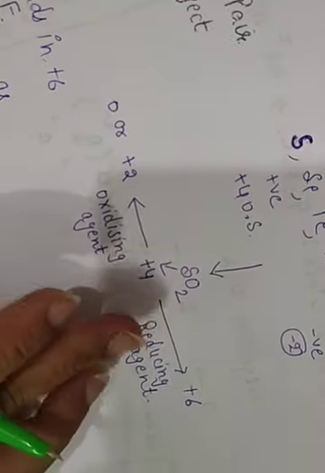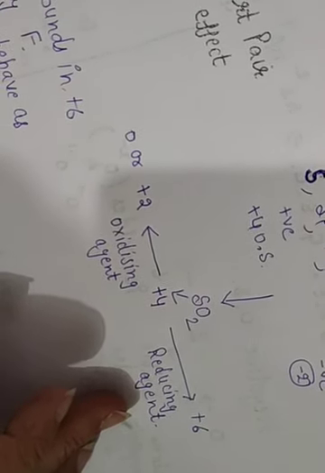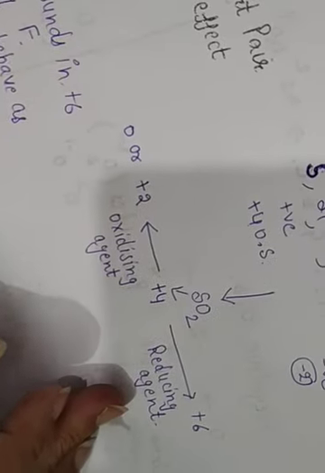So in the +6 oxidation state they behave as oxidizing agents, but in the +4 oxidation state they behave as both oxidizing as well as reducing agents. Is it clear?